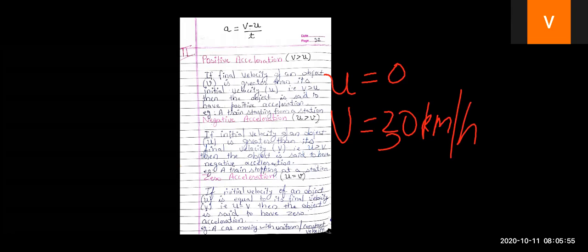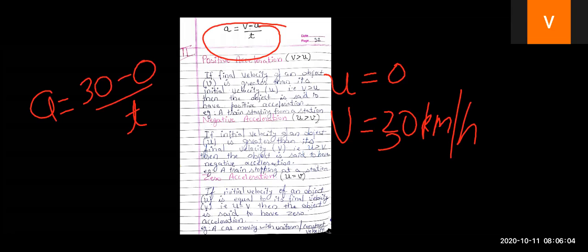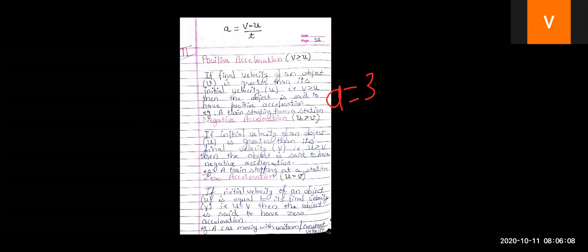So if we calculate the acceleration, then a will be equal to 30 minus 0 upon time, whatever time it is, right, children? So here the value of a is positive.